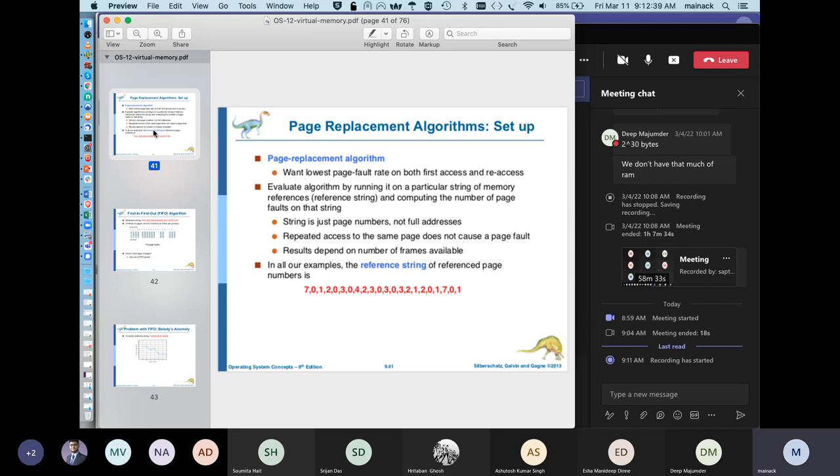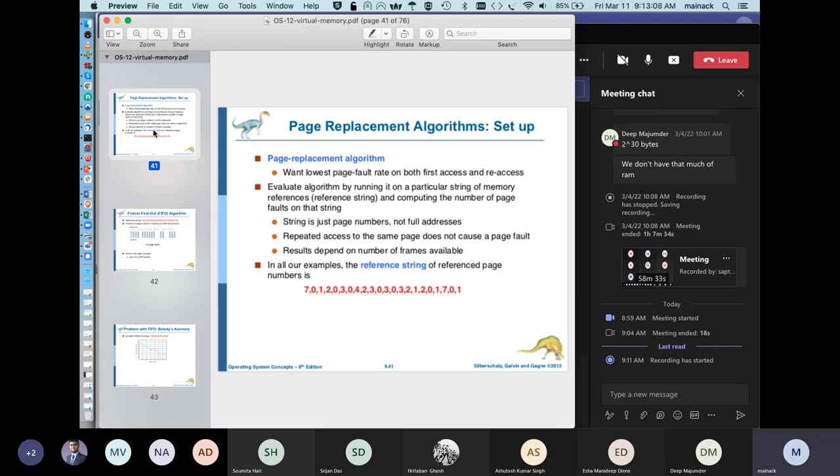Now, a standard method of simulating the algorithm is to use something called a reference string. The idea is simple. The reference string is just a string of virtual page numbers, and you just need to assume how many frames are in your memory.